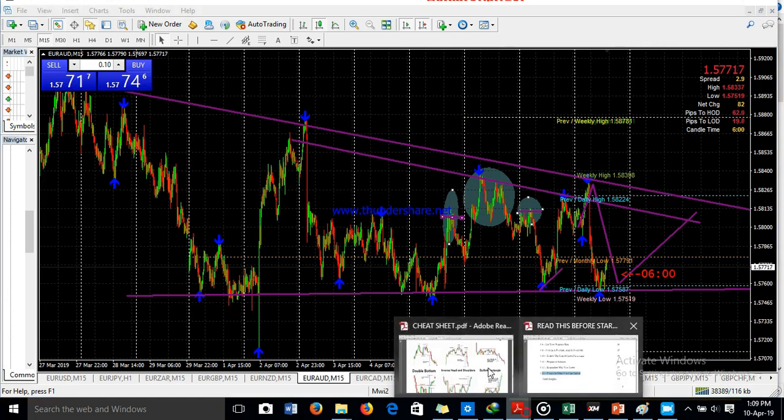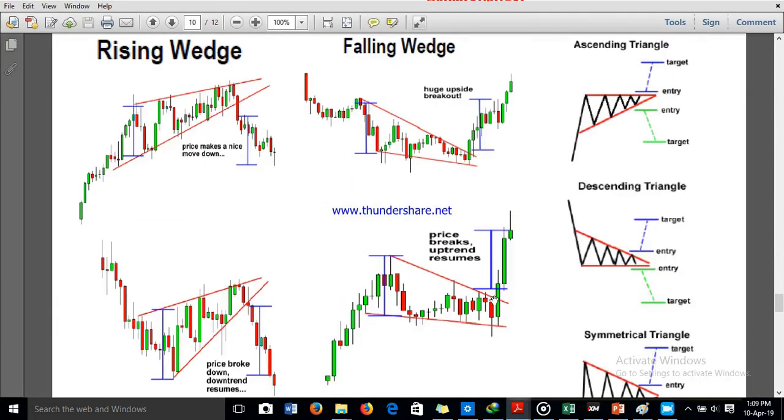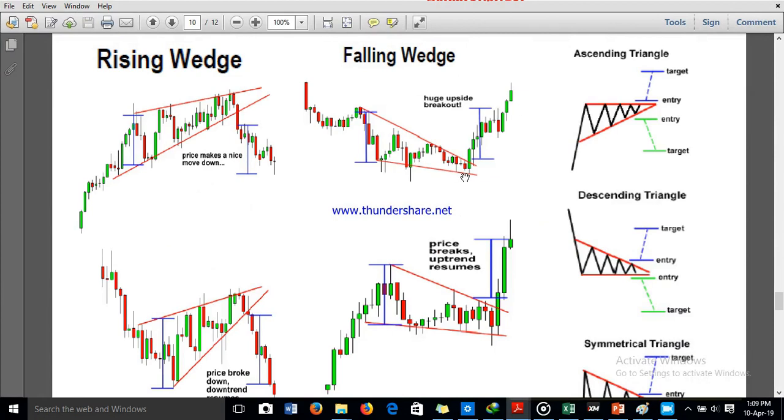Okay, if you look at your cheat sheet, on page 10, there are these wedges. Now wedges are very important. They will show you whether there is a continuation or a reversal that will happen. There is a rising wedge.